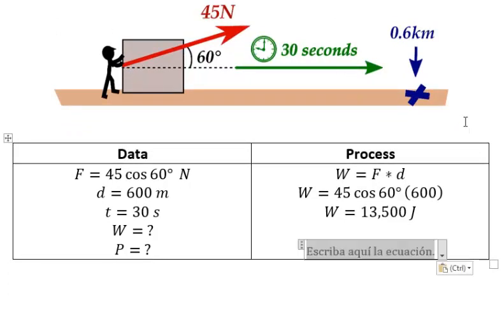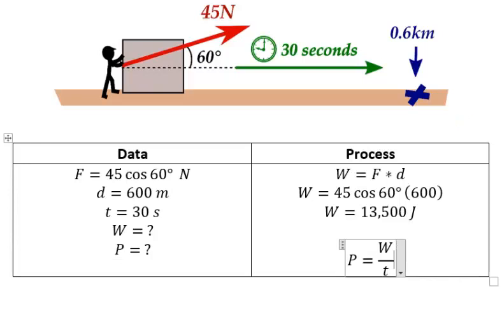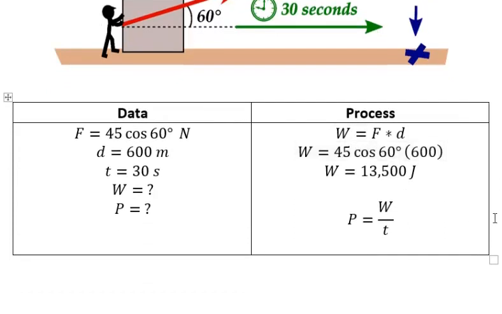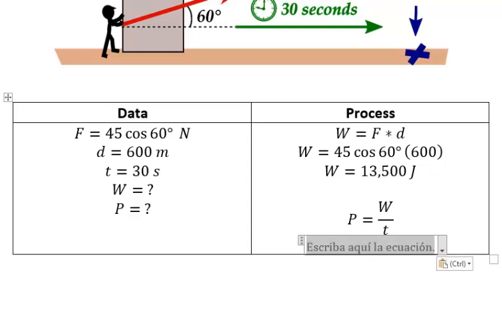Okay. Now, what about the power? It has to be a lot of work that you consume every second, because otherwise you're not going to be able to finish on time. You have to work a lot. Okay, so 13,500 divided by 30 seconds.